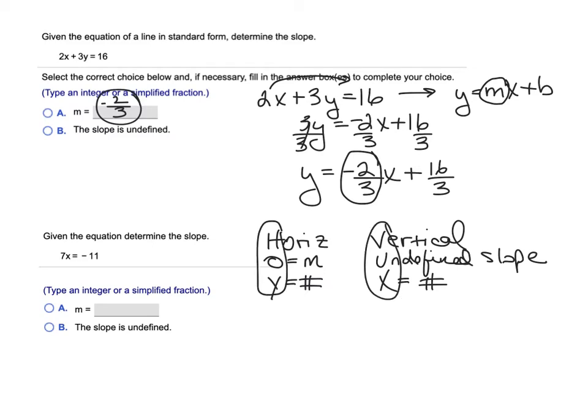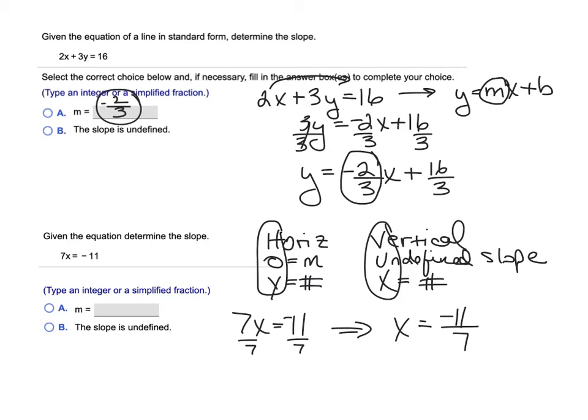So when we are given this equation and asked to determine the slope, if you notice, there is only an x in this case. So if you actually solve this in terms of x equals, you could divide both sides by 7, and you would get x equals negative 11 sevenths. Okay, that's the equation of the line.